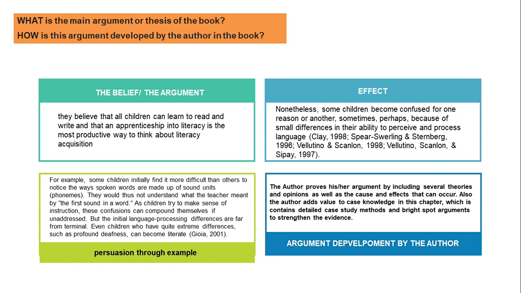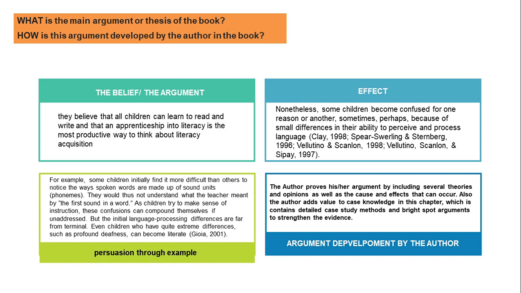So, from my analysis, I have put a little bit about the persuasion, and then I have put the compare and the contrast of this, but I don't state it on my PPT, and then I have stated it in my analysis Word file. So here, how is this argument developed by the author in the book?